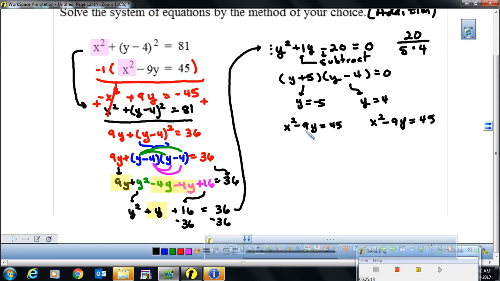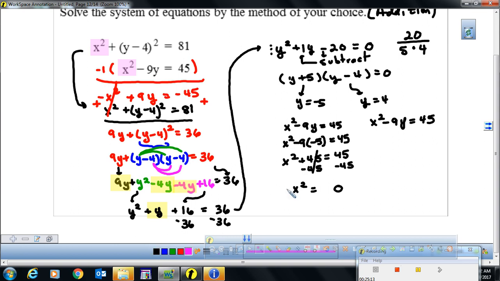If I replace the y with the negative 5, we get x squared minus 9 times negative 5 equals 45, which is x squared plus 45 equals 45. Then we can use the square root property because we only have the x squared, so we can just move the 45 over, but that gives us a 0 on the other side.